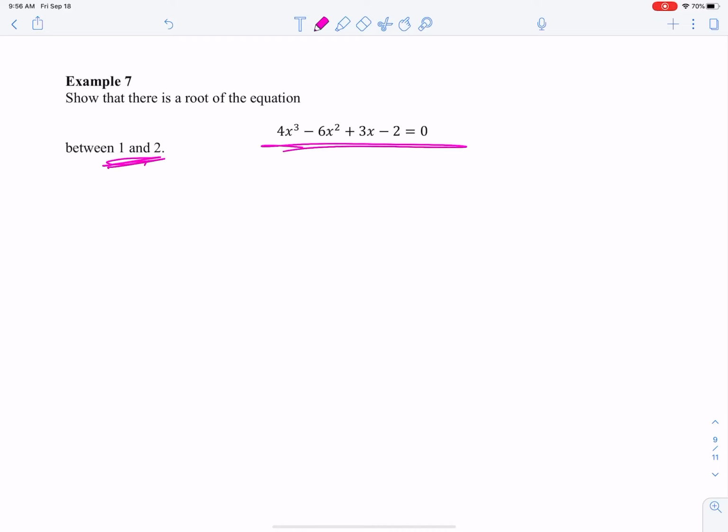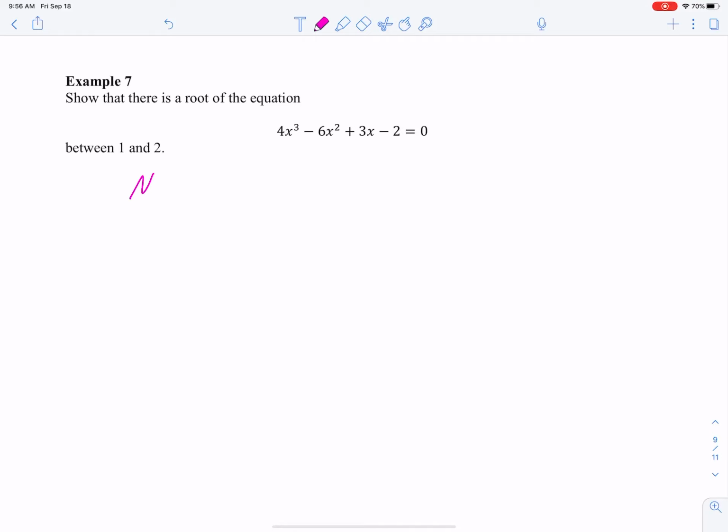So we have this polynomial. Show that there's a root between x equals 1 and x equals 2. Again, these are x values. If there's a root, remember root means x-intercept, or 0.